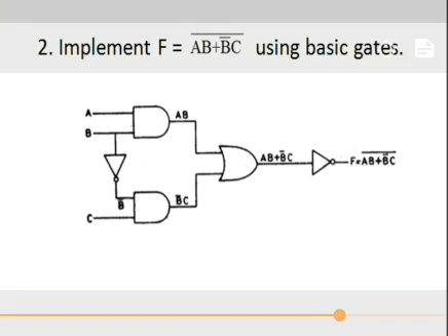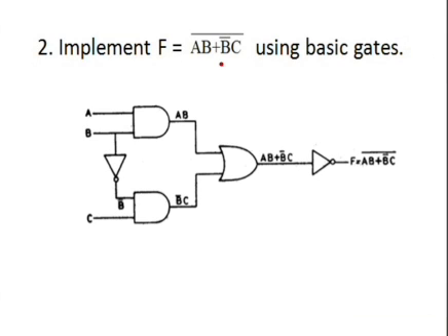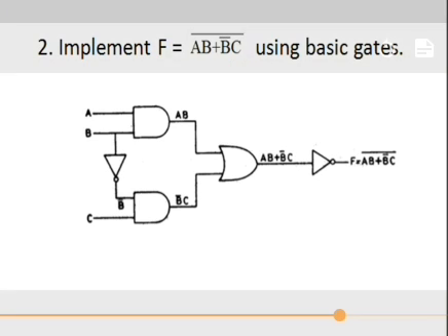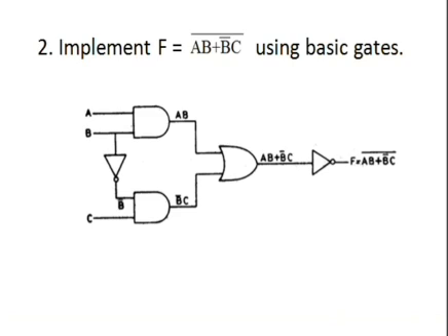And next, we must plot for B complement. B complement means we must use the NOT gate. It has one input, that means we must give B as the input. So what is the output? It's B complement. The output of the NOT gate is the B complement.